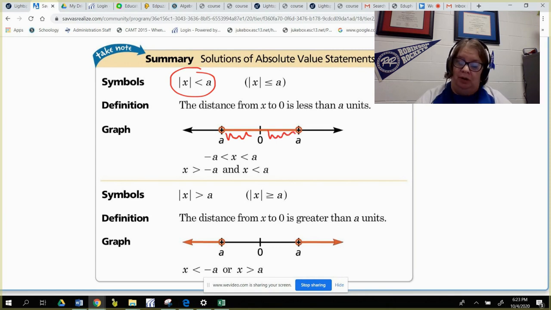Notice the circles are open. If you have an open circle, you're going to be less than or greater than. If you have a colored in circle, you're going to have less than or equal to, greater than or equal to.